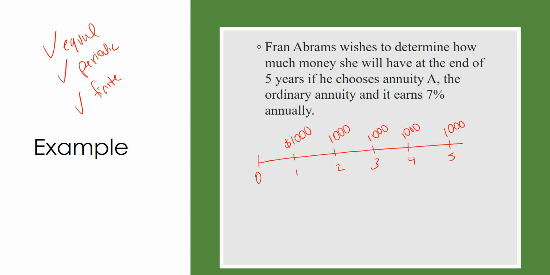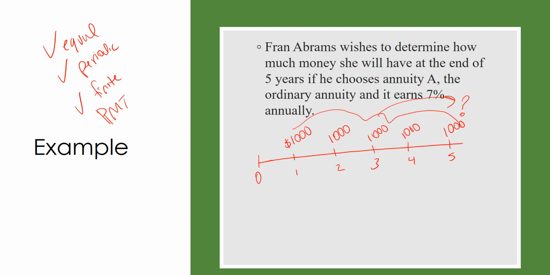So because it qualifies as an annuity, we can use the payment function on our financial calculators. So she's going to receive this $1,000 every year, and she wants to know how much all of these are worth if she continues to reinvest them. How much will she have at the end of 5 years?